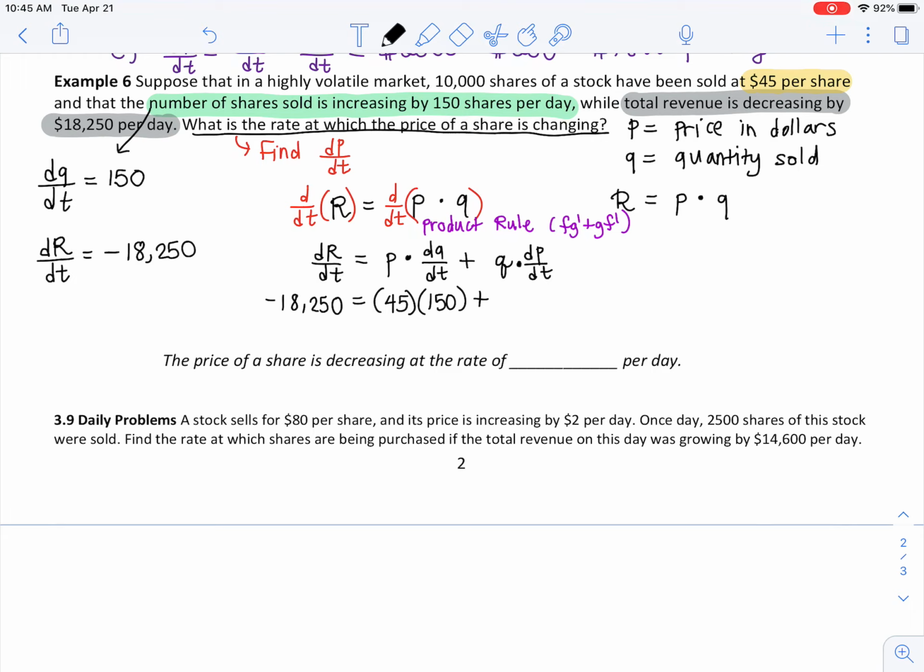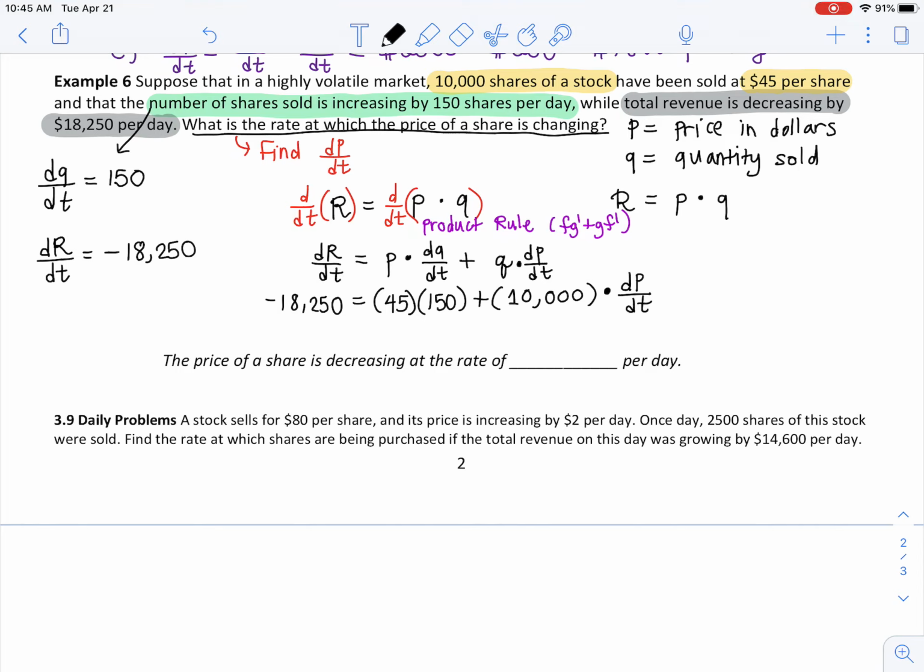So P is 45. And we wrote down dQ/dt is 150, plus Q, what was the quantity? Oh, here it is. 10,000 shares of stock. So that was the quantity, 10,000.